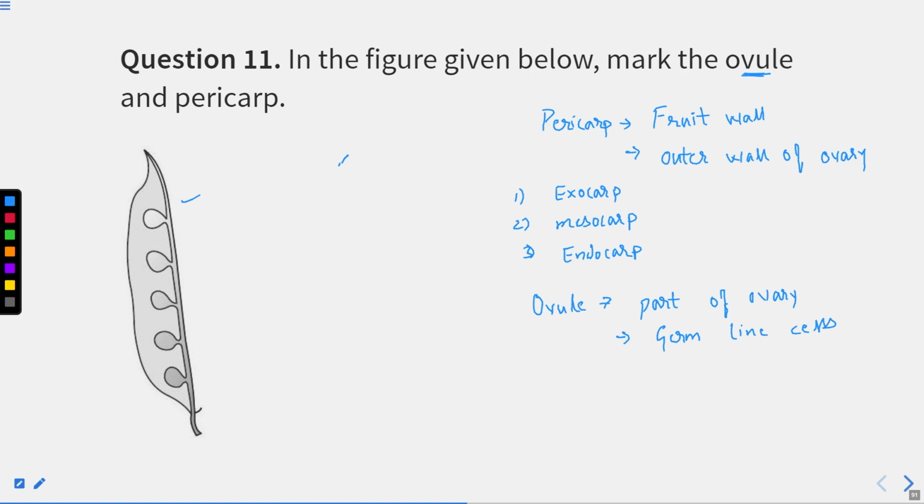So I will draw a rough diagram of an ovule here. The outer region consists of the integuments. So this is the integument. There are two integuments, one more here.